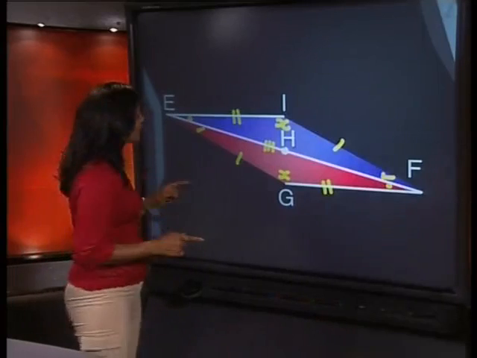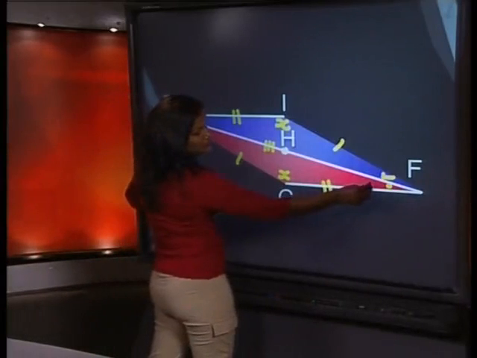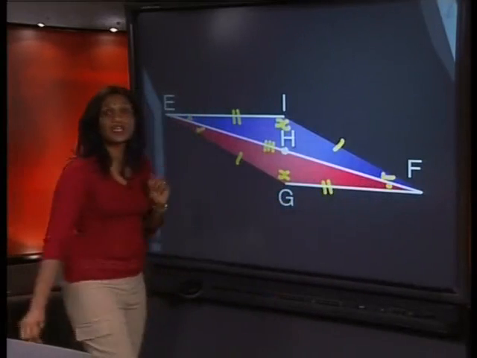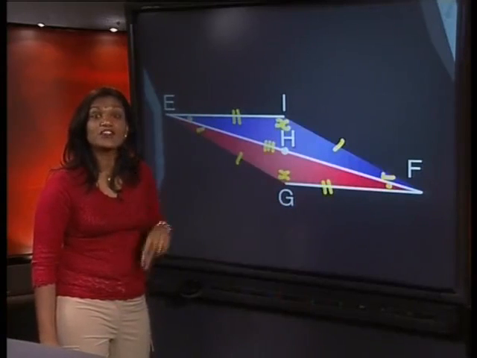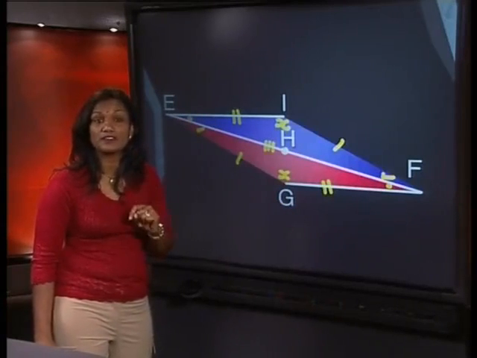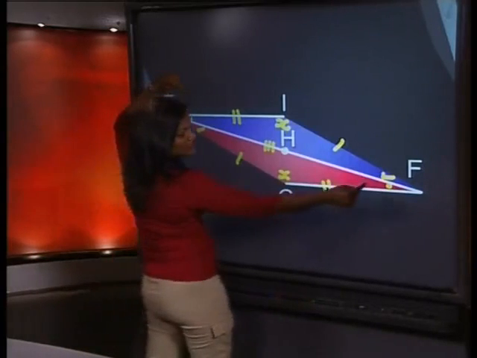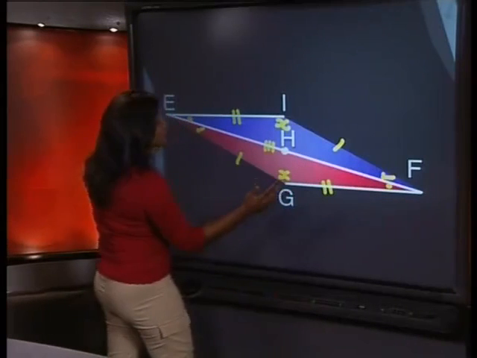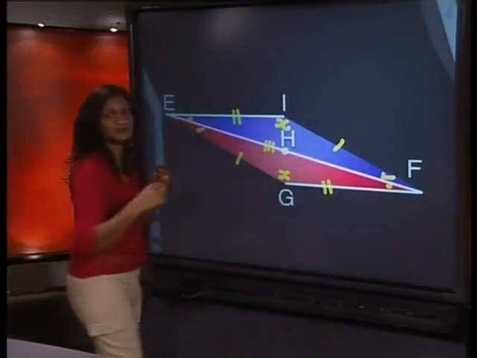So in our diagram, we can see that this angle at E is alternate to this angle at F. Now, if the alternate angles on a transversal are equal, then the two arms of the Z will be parallel. Right. If this angle is equal to this angle, then we can show that EI is parallel to GF.